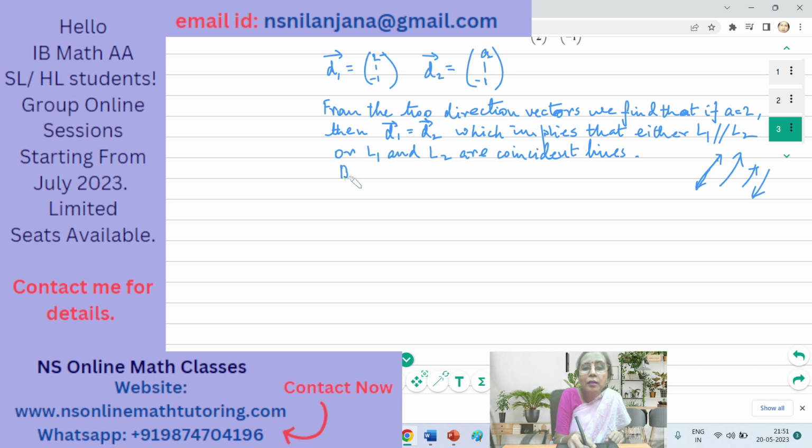But in neither of the two cases do the lines L1 and L2 intersect at a single point.